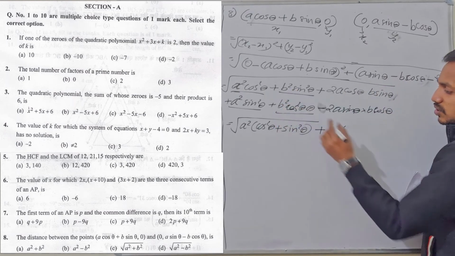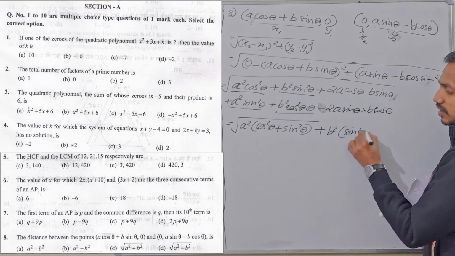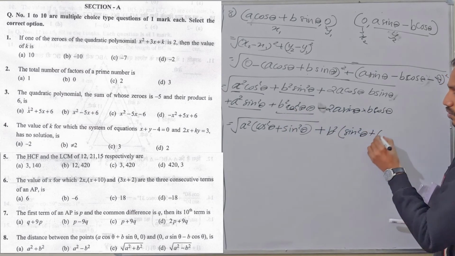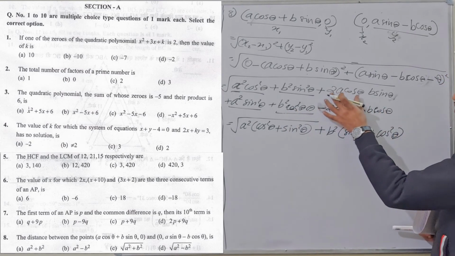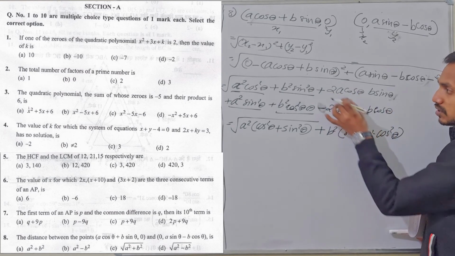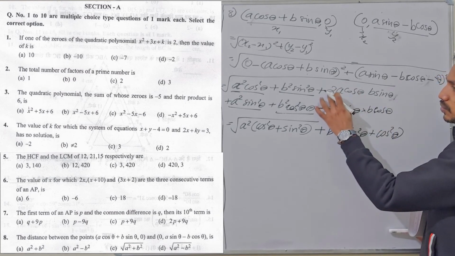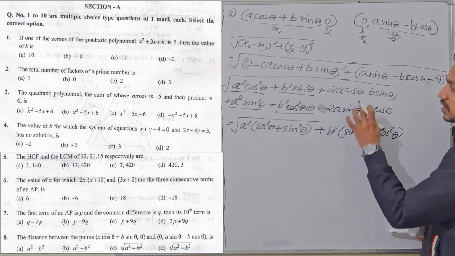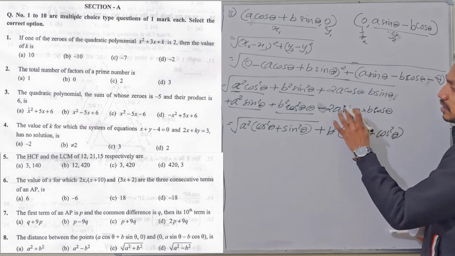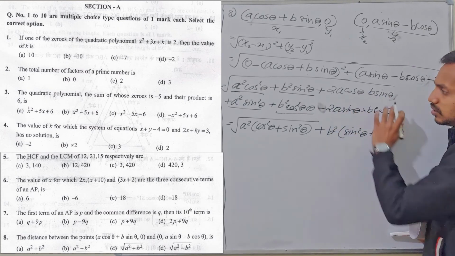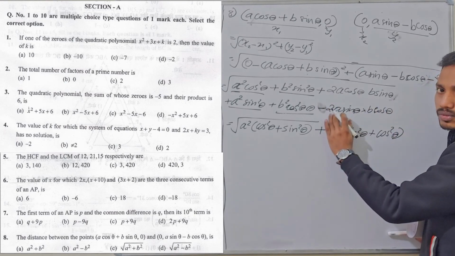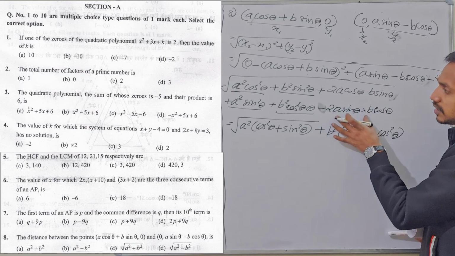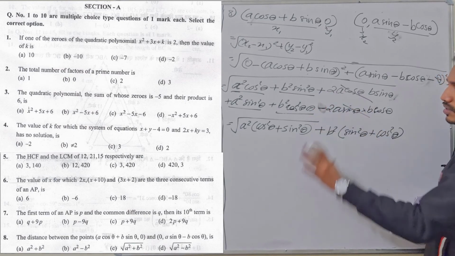So b square is common, take it outside: sin square theta plus cos square theta. Plus here the terms are the same, because the factors of these terms are the same: 2, a, cos theta, b, and sin theta. The order of multiplication is different, but these two terms have the same factors, that means they are like terms with opposite signs, so they cancel.